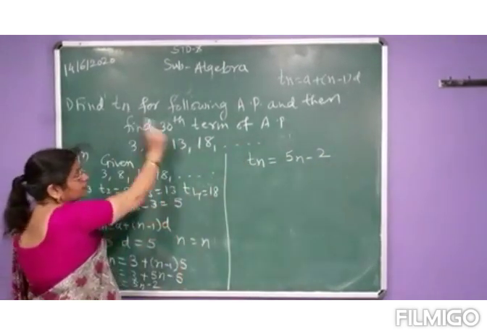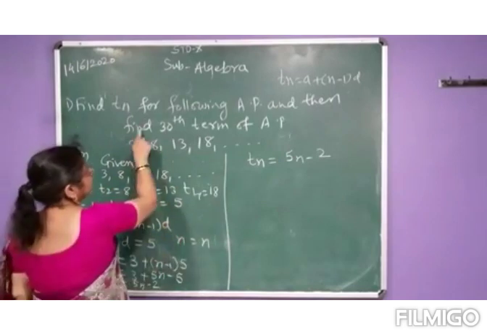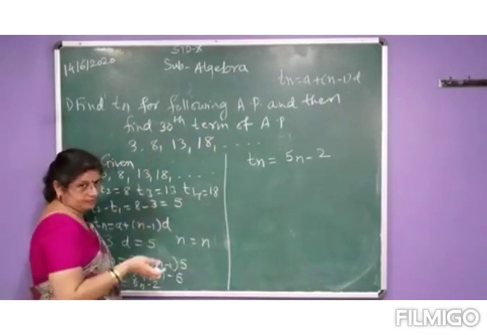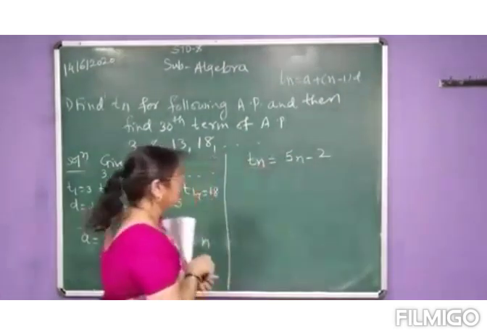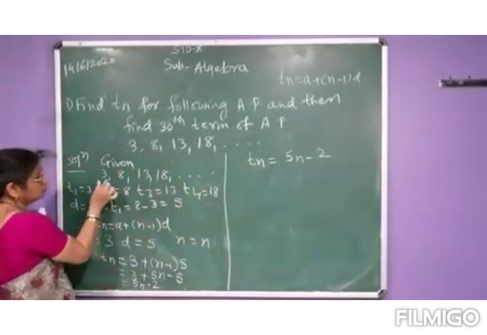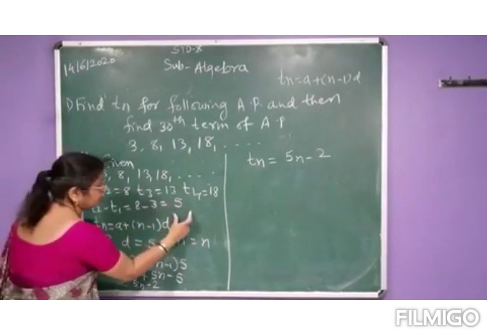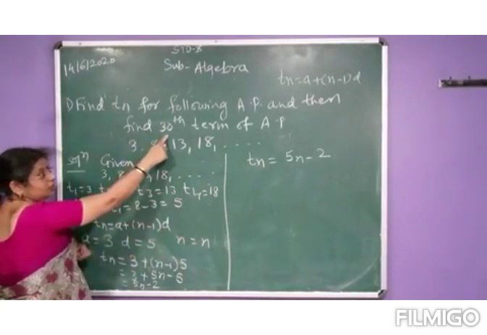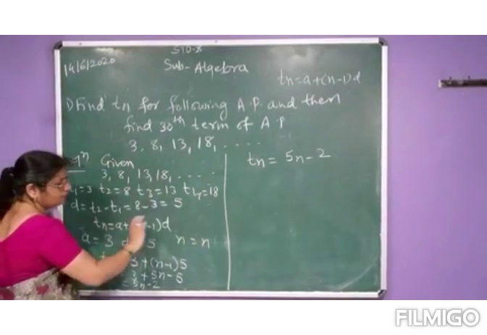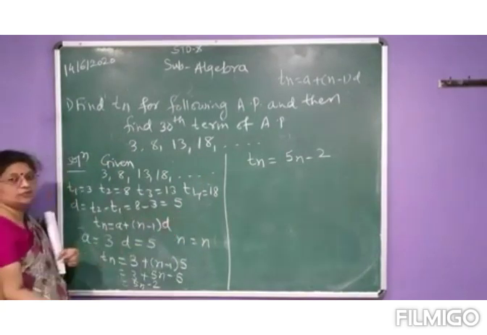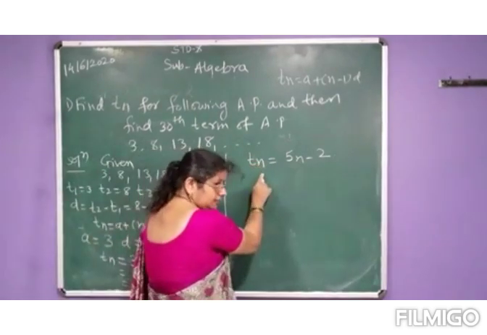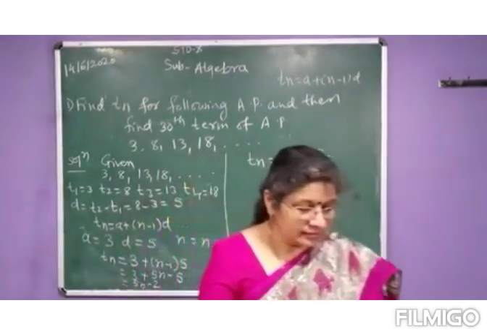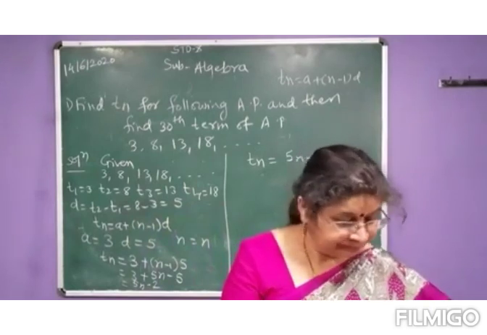This is the Tn you got. Now what do you have to find out? The 30th term of the AP. You can solve this by two methods. One method is, as you know A, as you know D, and n is 30, you can substitute the same values in the formula. Or if you substitute in this Tn, then also you will get the same answer.